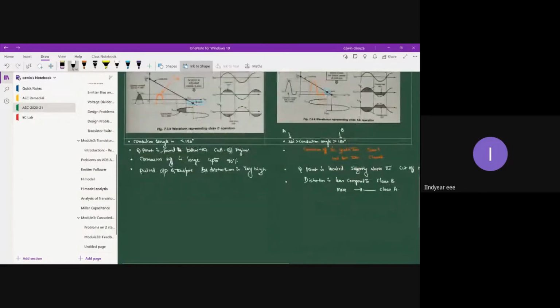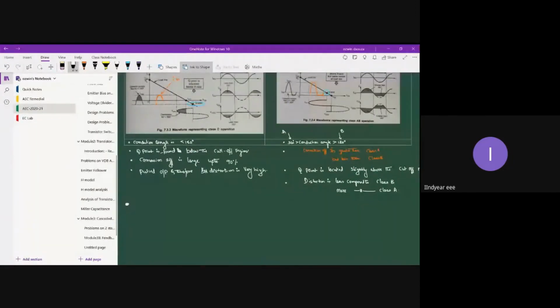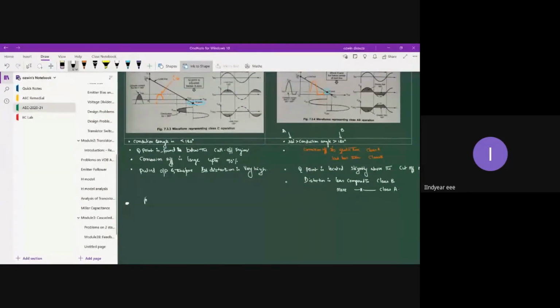Okay, fine. So, in the next class, what we can do is start with the analysis. First let me write down the syllabus. Analysis. Now, in the analysis, only two power amplifier circuits are considered. Okay, class A power amplifier.